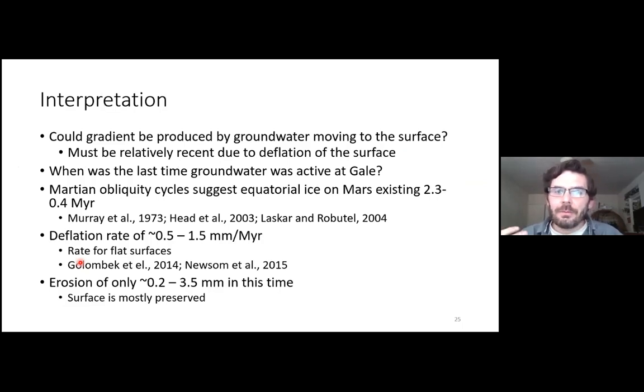Looking at some previous research, we see that Mars has these extreme obliquity cycles, to the point that polar ice, it's thought, can actually move all the way towards the equator, and Gale Crater is close to the equator. This last occurred 2.3 to 0.4 million years ago. If we look at the average deflation rate for flat surfaces over that time period, we only see up to 3.5 millimeters of erosion occurring, suggesting that the surface has been preserved since then.